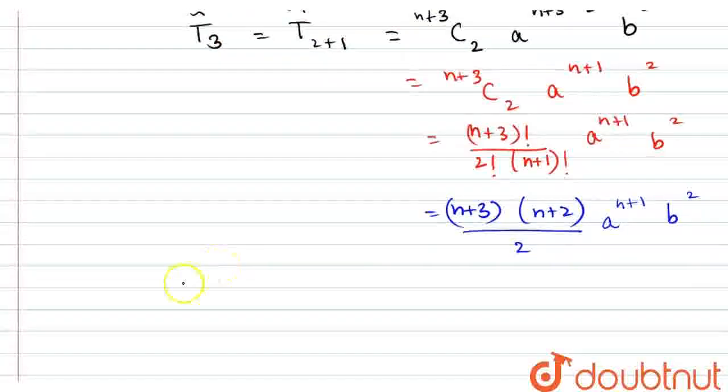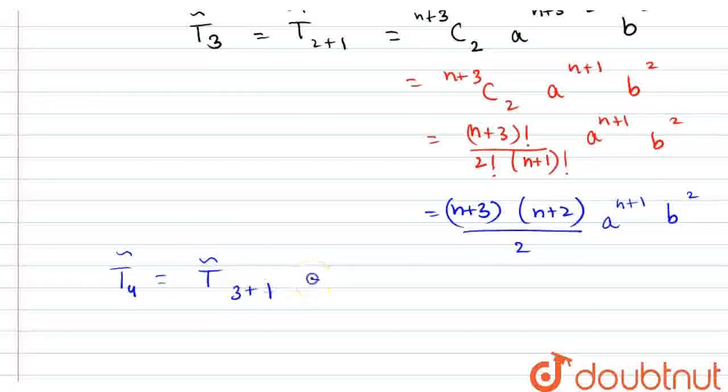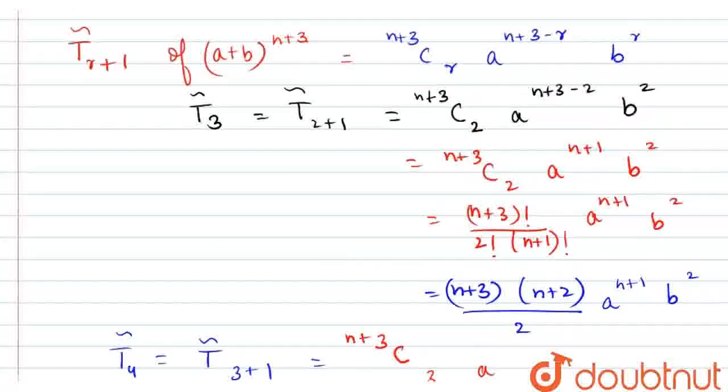Now we'll take t4 tilde. T4 tilde will be equal to t tilde 3 plus 1. So this will be n plus 3 C r, and r is 3, so a^(n+3-r).